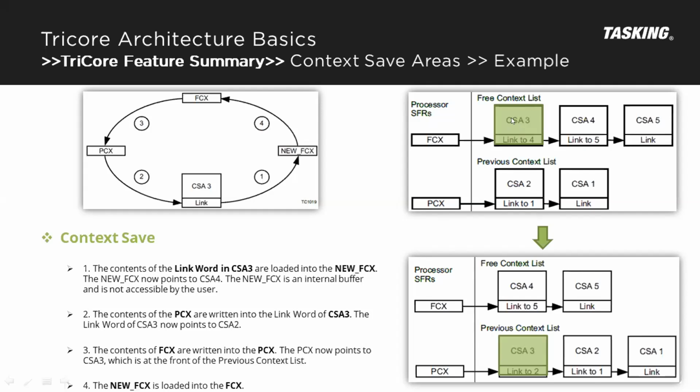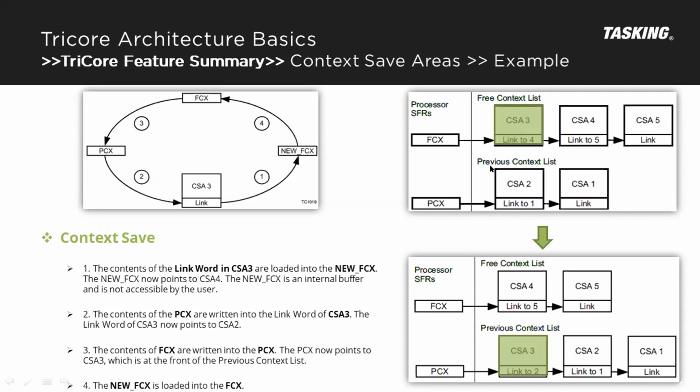So I will use this CSA, called CSA3, and I will put it in this previous context list. I will let the PCX refer to the updated context save area, and I will update the context save area on top of the list to refer to the previous context save area.